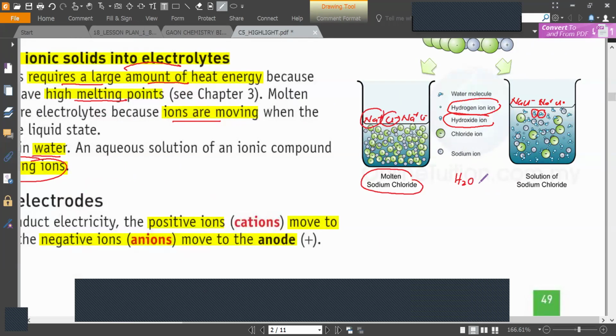Water is H2O, so it can produce hydrogen ions and hydroxide ions.